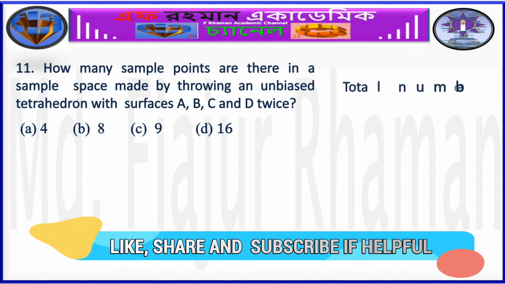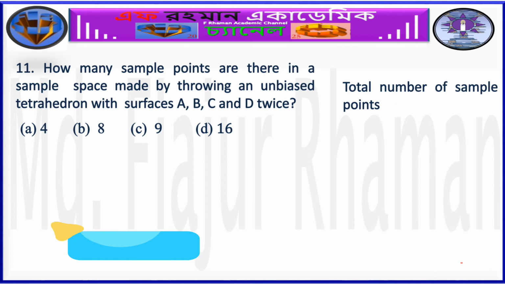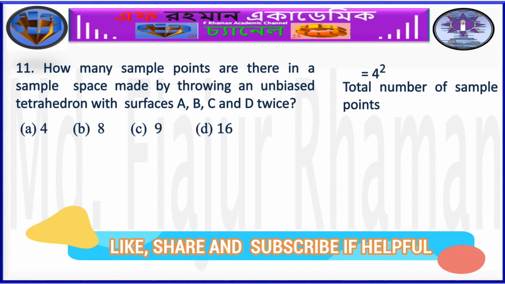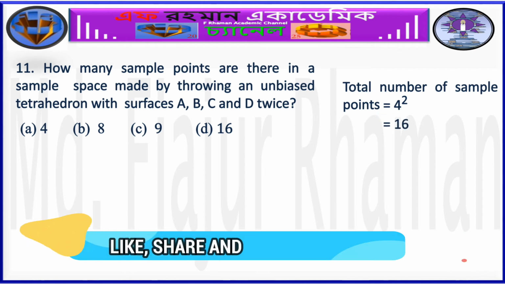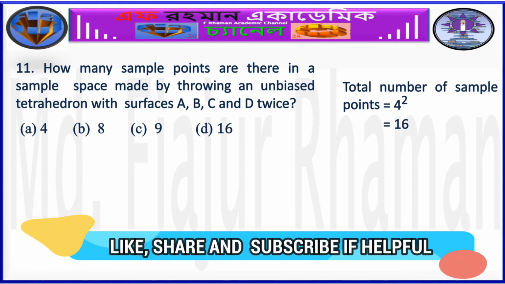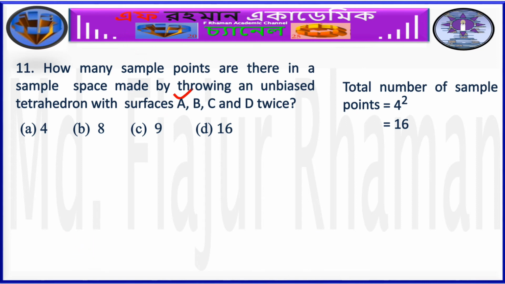That's why the total number of sample points is equal to 4 squared, which is equal to 16. Therefore, our correct answer is option D.